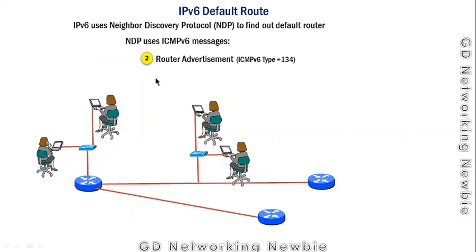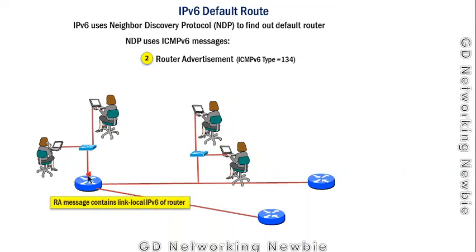And the next message is router advertisement. Now the routers will introduce themselves to these host machines. It is the turn of the routers to advertise themselves, which are available on the same subnet.